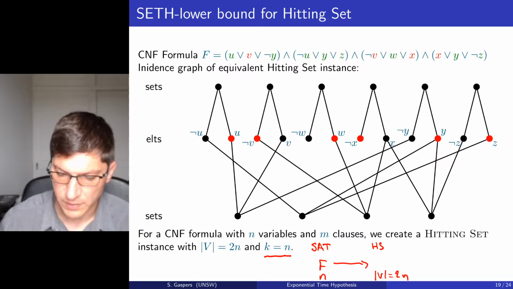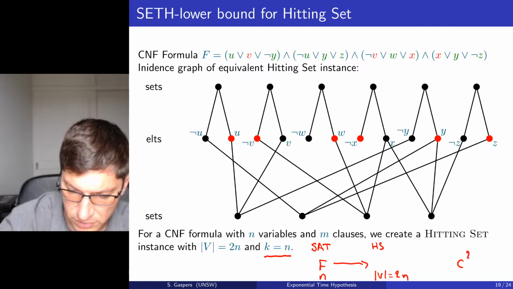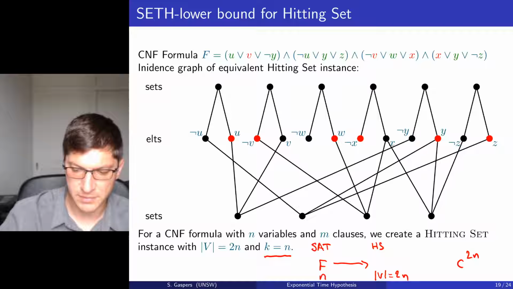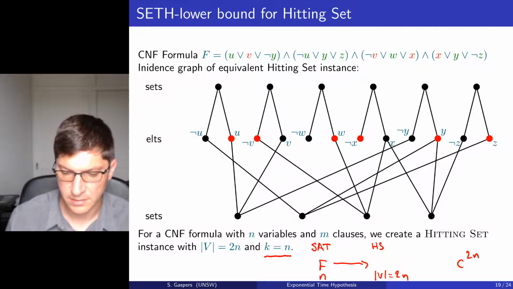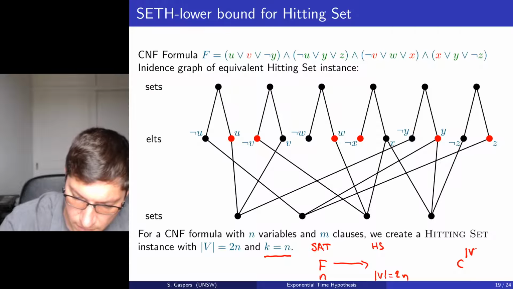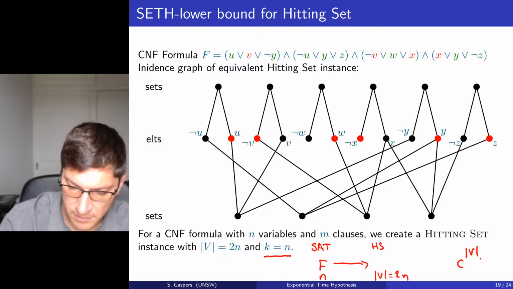Okay, so now if hitting set can be solved in time c to the power 2n, then SAT can be solved in time c to the power number of elements, so then satisfiability can be solved in time c to the 2n.